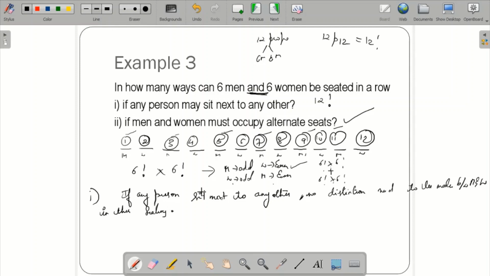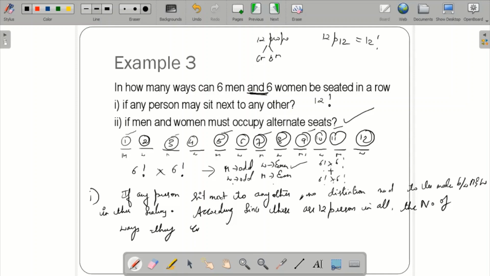Since there are 12 persons in total, the number of ways they can be seated is 12 factorial ways.